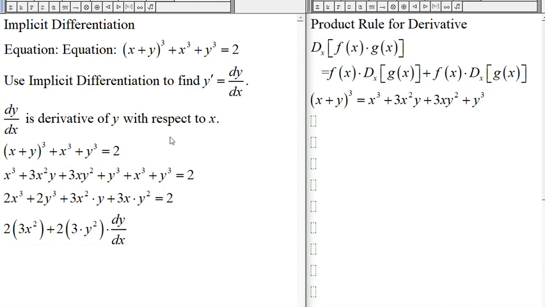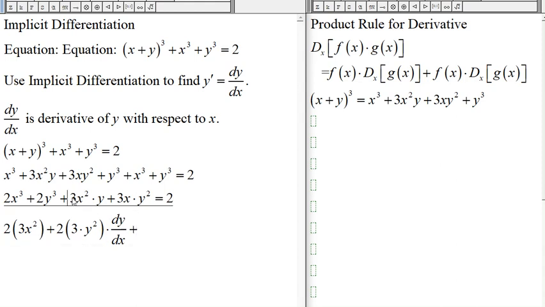So once again, we're doing derivative with respect to x, but the variable here is y. So we have to use the chain rule. And so first do the derivative here, and then multiply by the derivative of the variable.